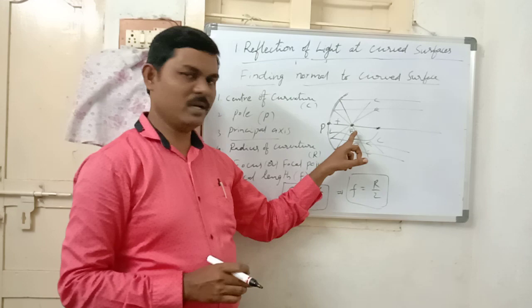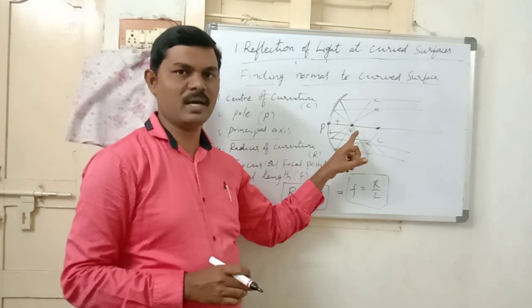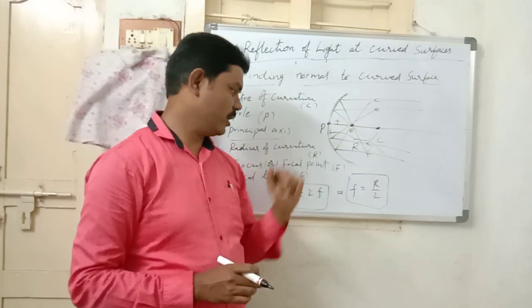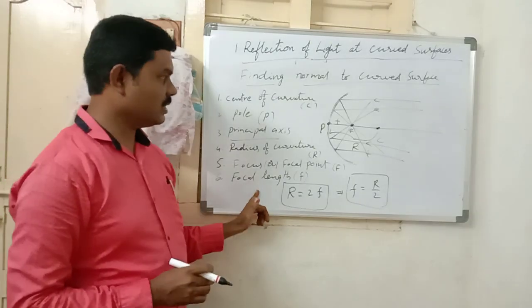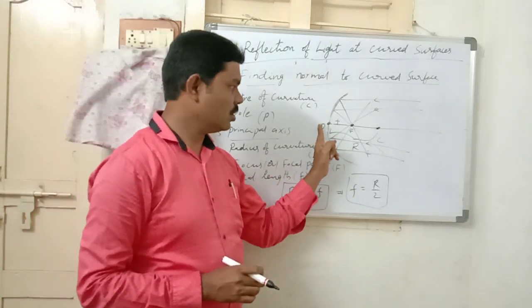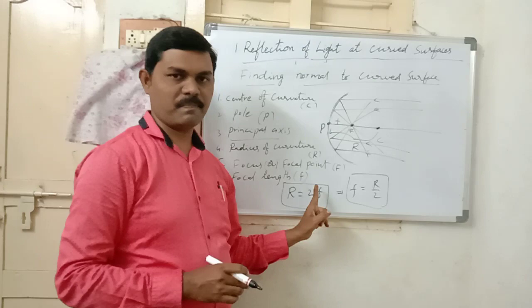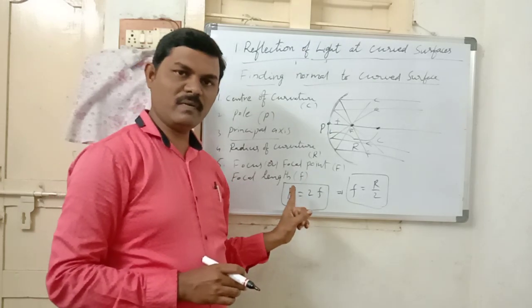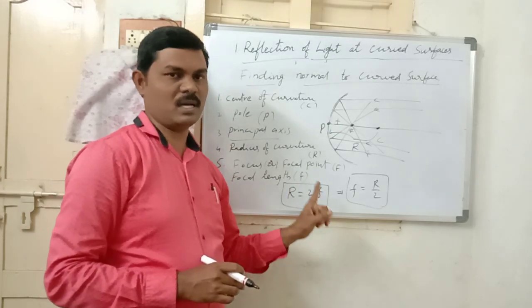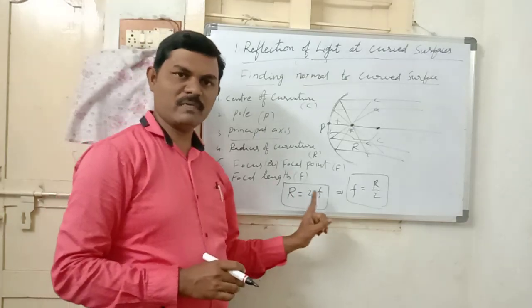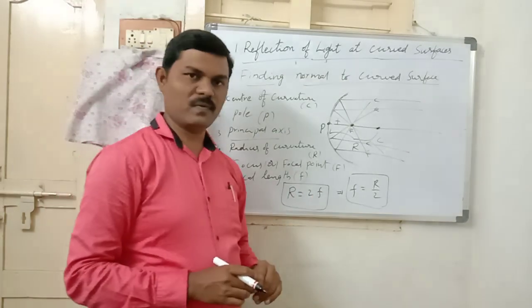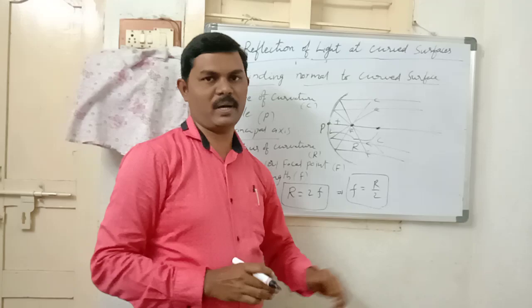That intersecting point of the reflected rays is called the focus or focal point. And focal length: the distance between pole and focus is called the focal length. Finally, the relation between radius of curvature and focal length is that radius of curvature is double the focal length. R is equal to 2f. Then f is equal to R by 2.